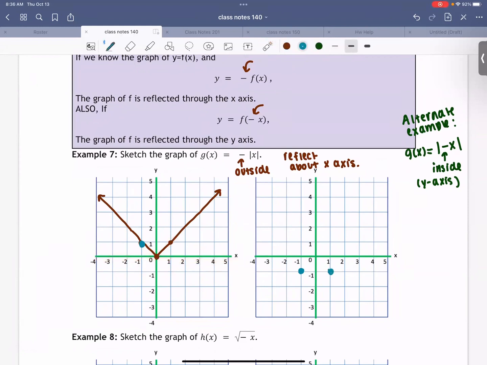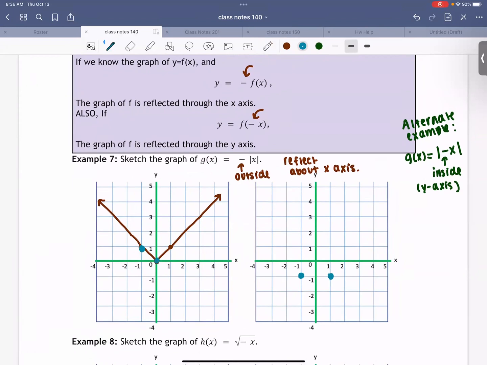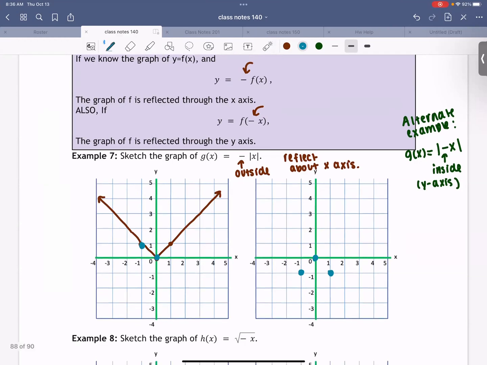How do I reflect the point 0, 0 across the x-axis? The middle point. What happens to that one? It just stays the same, right? If you're on the mirror, if you reflect across it, you're still on the mirror. So that stays the same. Reflecting about the x-axis, we did all the points, and all we have to do is connect our lines in the same shape of our parent function. Any questions so far?